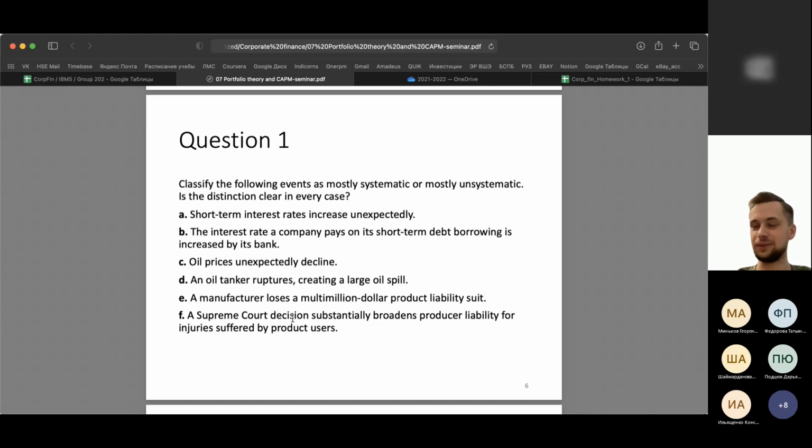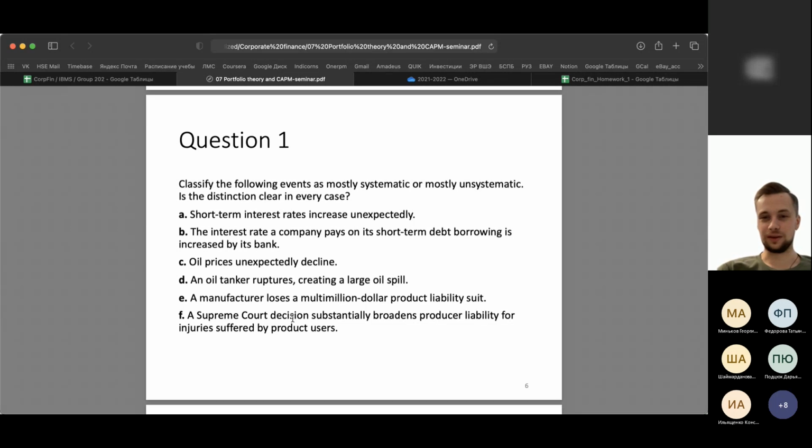Yeah, actually, there was statistics recently. When oil prices rise, the ruble also declines. Well, it's anyway systematic. But yes, for the examples that you gave, this risk will be systematic, right?